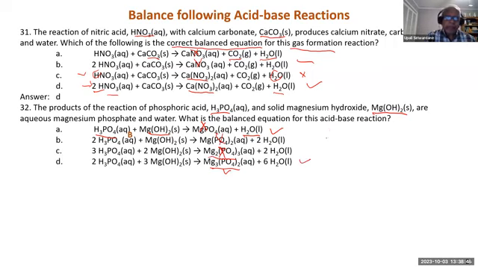Therefore, the only reaction with correct formulas and balancing is D. There are 6 hydrogens here and 6 hydrogens here, adding up to 12 here. Therefore, hydrogen is balanced. There are 2 phosphate groups, 2 phosphate groups. Oxygen is also balanced. There are 6 oxygens here and 6 oxygens here. Therefore, the balanced equation is D.